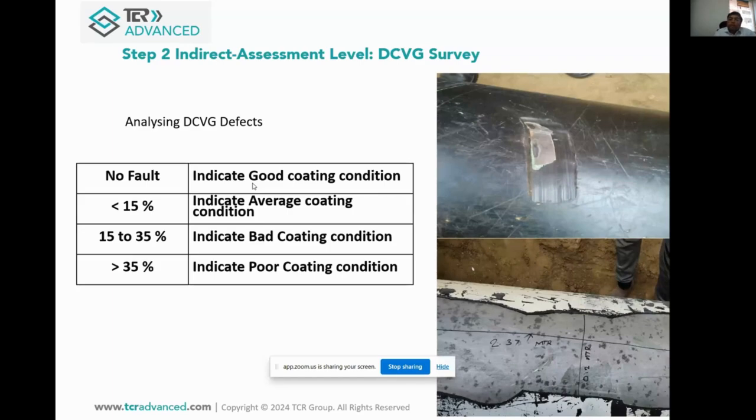Now there are two photographs I am showing to you. The top one is for 15 to 35%, which is a bad coating, which we found during the direct examination, direct assessment with dig verifications. And for greater than 35%, you can see the defect size, which is 0.2 meter by 2.37 meter of coating defect, that can be found with the help of this survey.